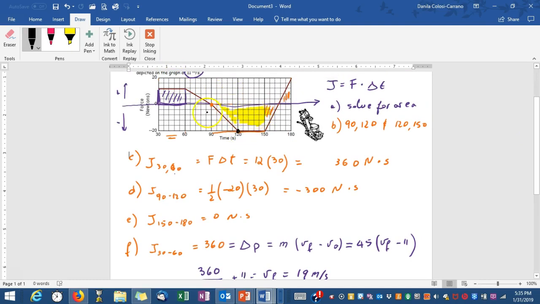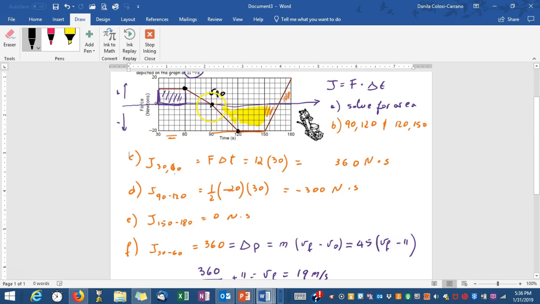We have just calculated the velocity at the 60 mark. Since those two curves have different slopes, we need to calculate velocity here. Once we have the velocity at the 90 mark, we can consider this one as the initial velocity for the new interval between 90 and 120, and then we can calculate the velocity at 120 right there.